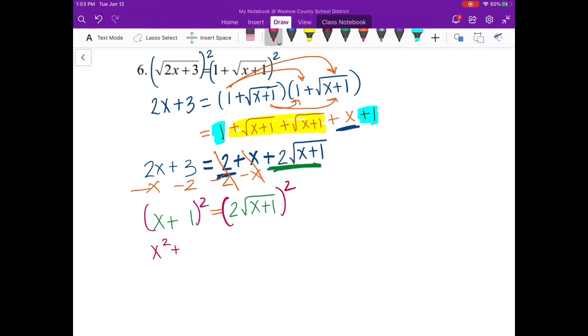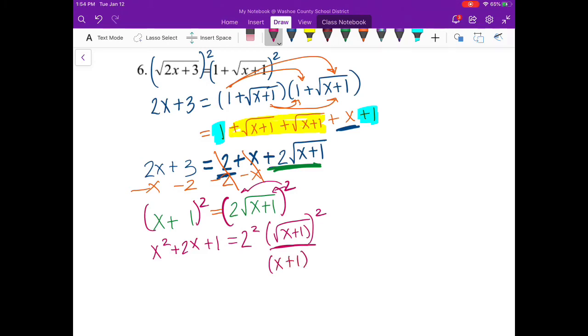So on the left, I have x squared plus 2x plus 1. And on the right, this is technically distributing to both. The 2 is going to be squared, and the square root of x plus 1 is going to be squared. So what does that do to this value?